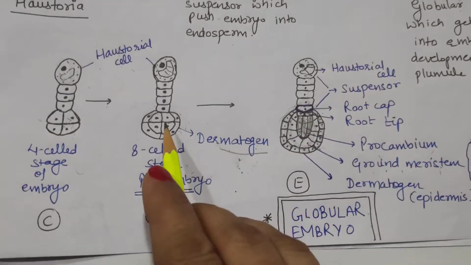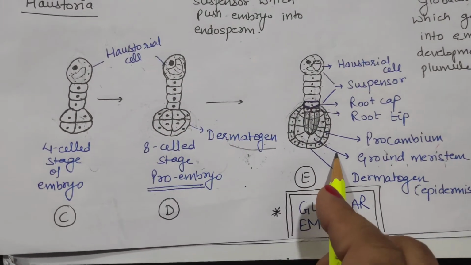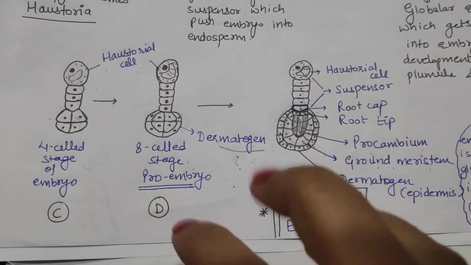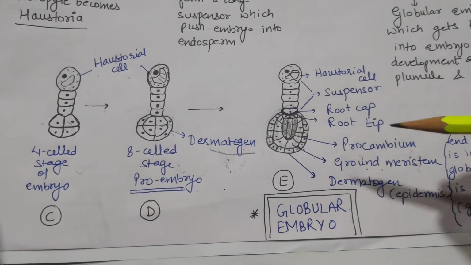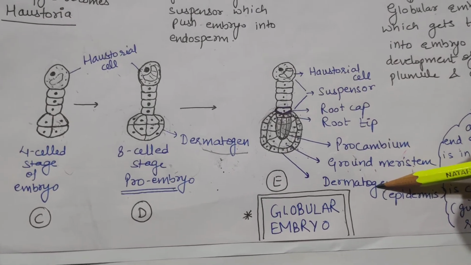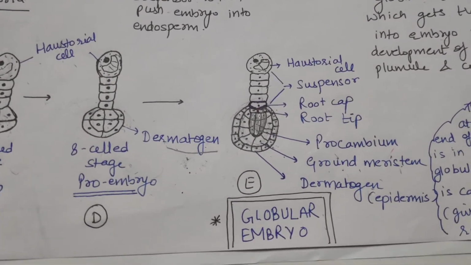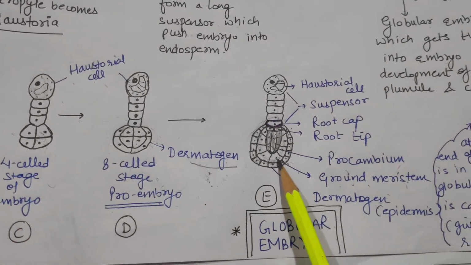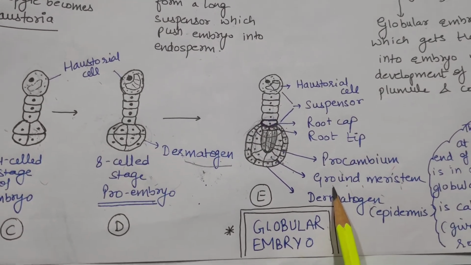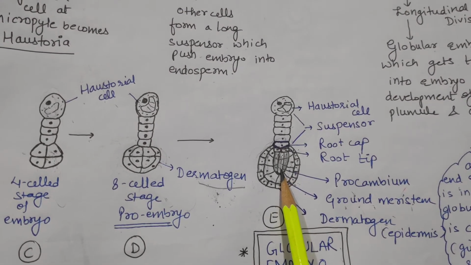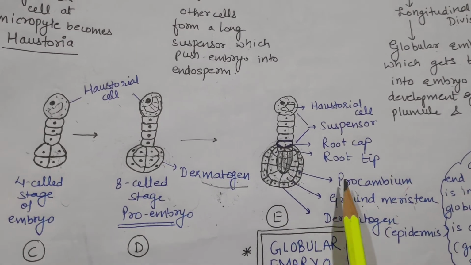Again I repeat, when this 8-celled stage changes into further division, making a globular mass shape, then 3 layers are going to be formed. The outermost layer is still called dermatogen, which will make the epidermal linings. The intermediate layers are going to make the packing tissues called ground meristem, whereas the innermost layer of cells is called procambium.